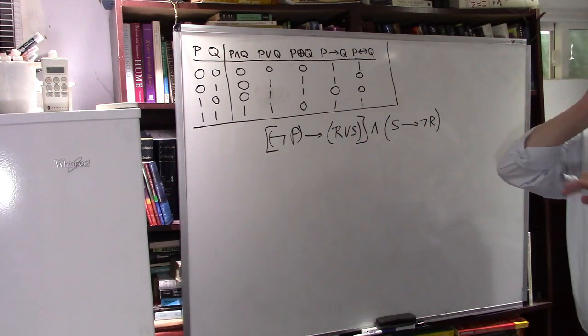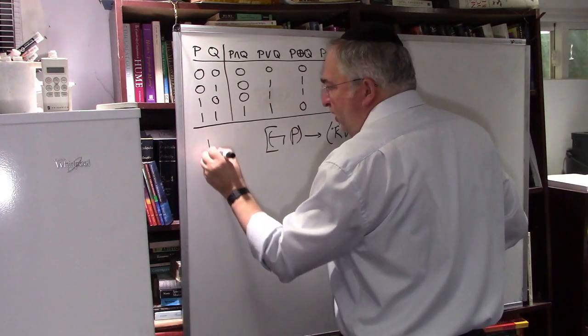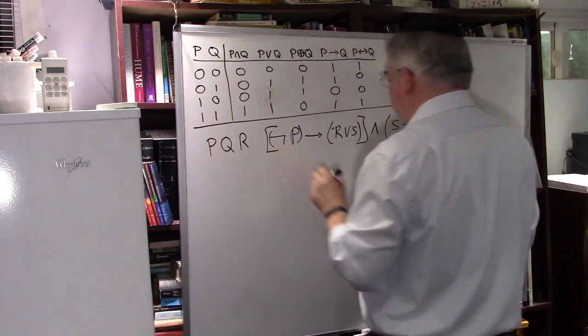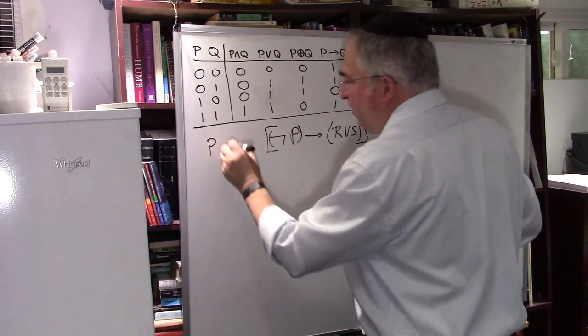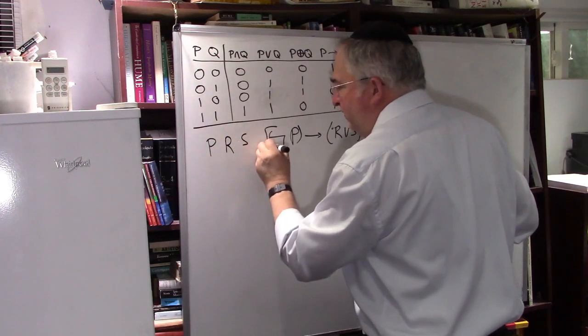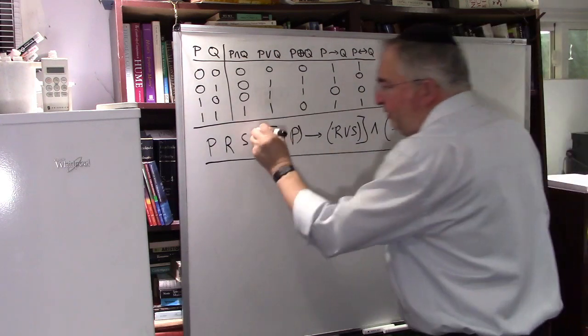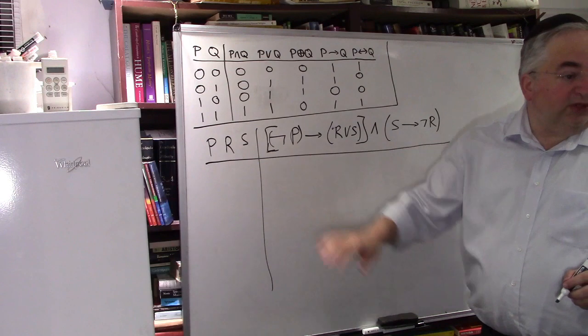I'm going to do this the same way we've always been doing this, but a little bit quicker. So let's put down our variables in alphabetical order: P, R, S, sorry, no Q. And then we're going to do it another way. Now we put in all possibilities of what the variables can be.